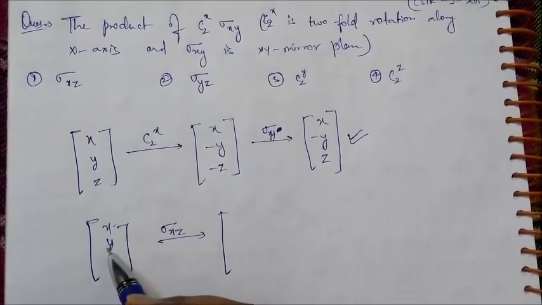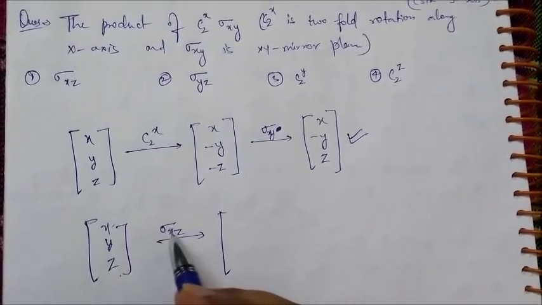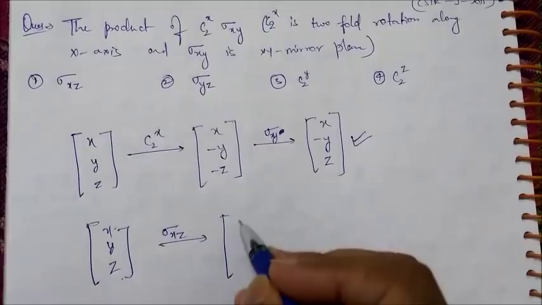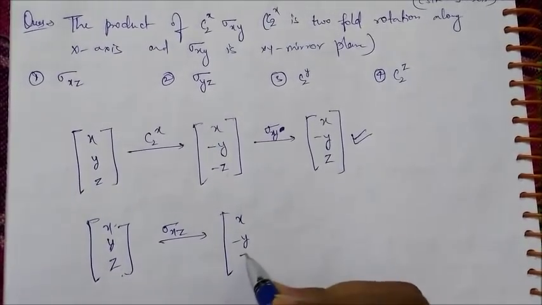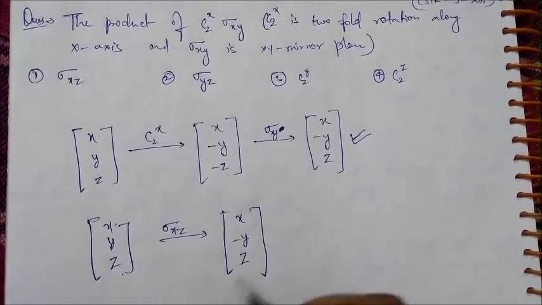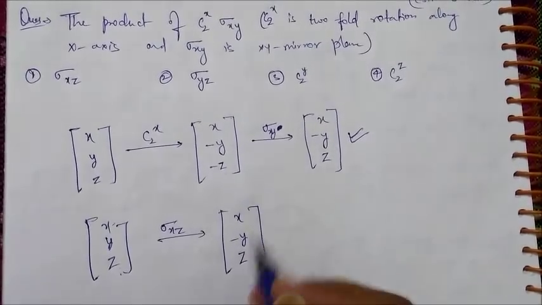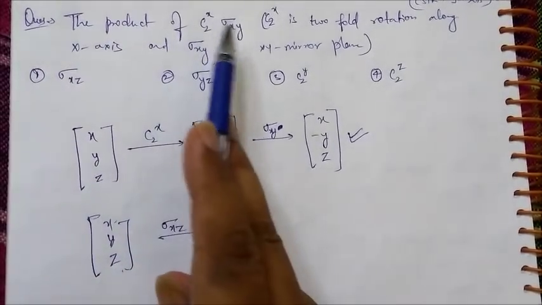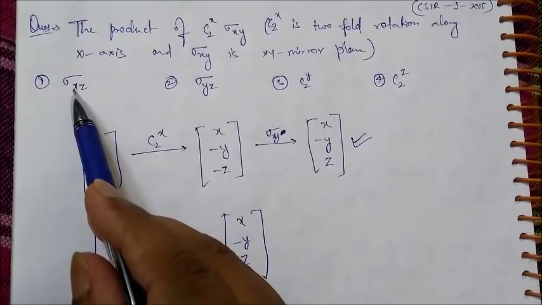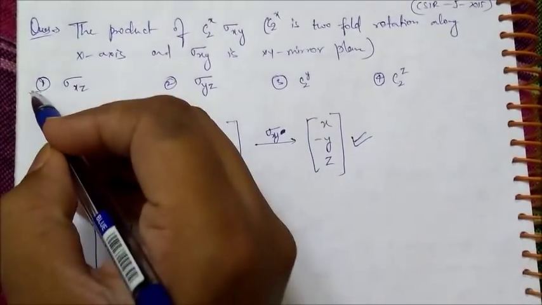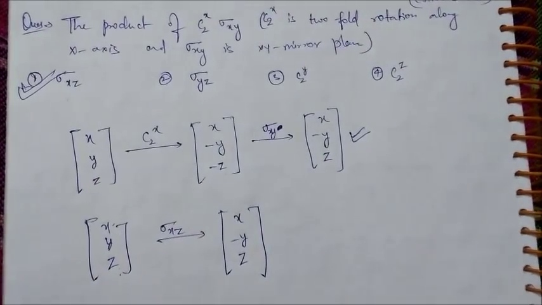You have to just change the sign of the third one. Means here x and z will not change, y will change, so you will get x, minus y and z. So this is quite simple. Yeah, they have matched, means the product of these two will be equal to sigma xz. So this will be the correct answer.